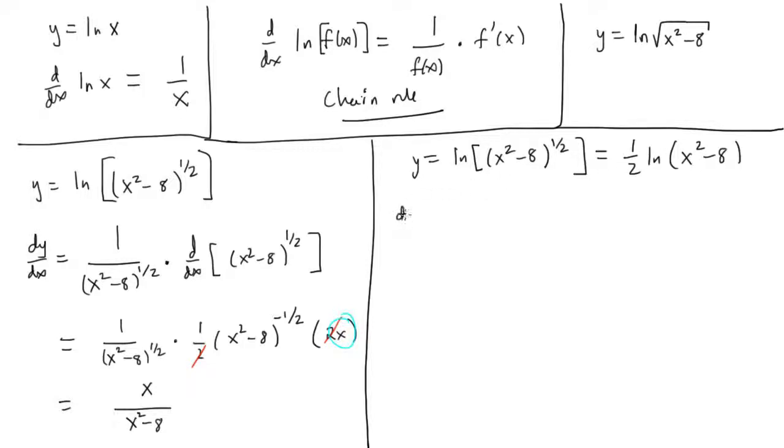And so the derivative would be the same as if I took the derivative of this version of the function. And this one's a lot easier to deal with because there's no exponent anymore. So the derivative of that will be 1/2 times whatever the derivative of this log stuff is. And the derivative of log is 1 over the stuff times the derivative of the stuff. And if we cancel the 2's like we did before, we get x over x squared minus 8.